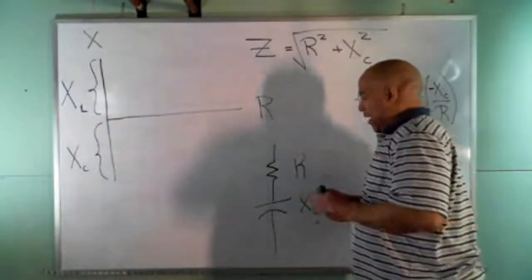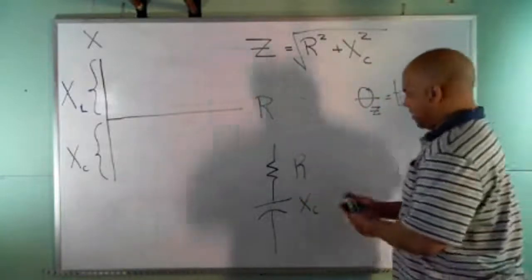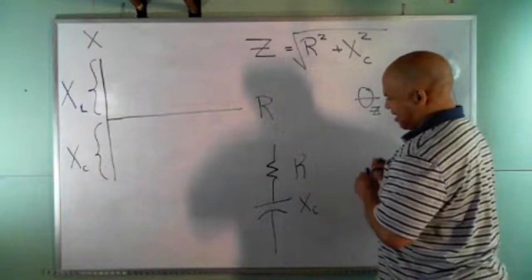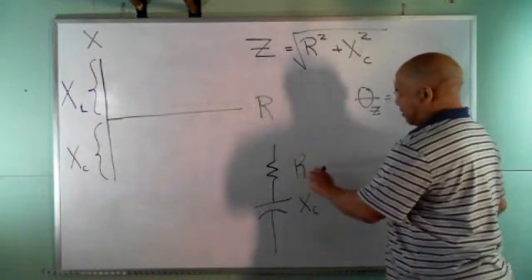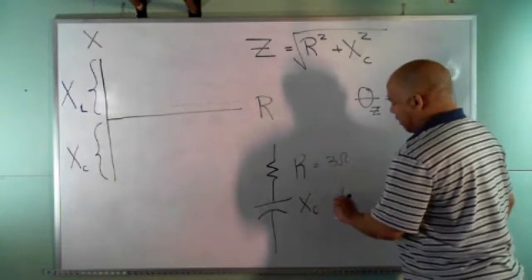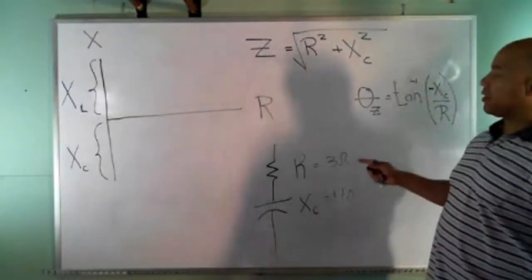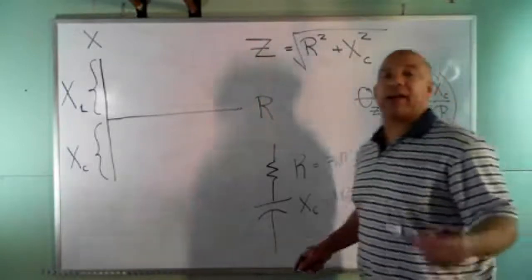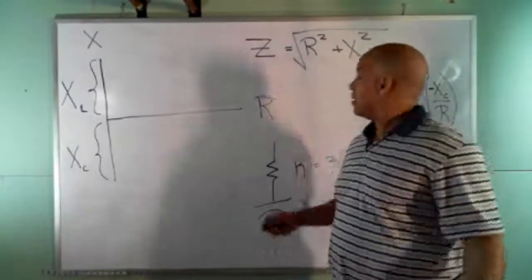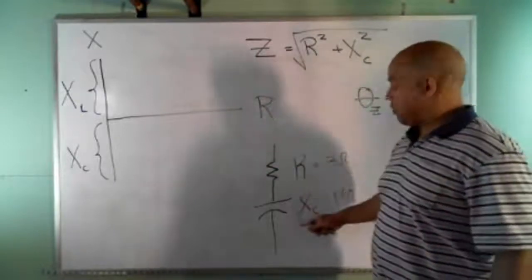So if I have a circuit like this, I have a number. I think last time in the other video, I might have set this to maybe 3 ohms, and this might have been 4, or might have been reversed, something like that. So I had values like that. So if you had a circuit like that, I said, all right, calculate the total opposition. The total opposition would be impedance, because I have a mixture of R and reactance.